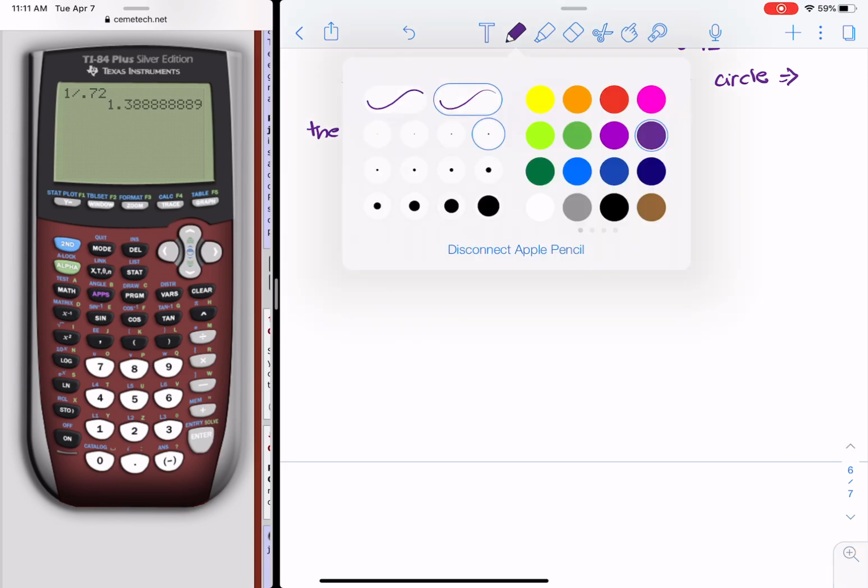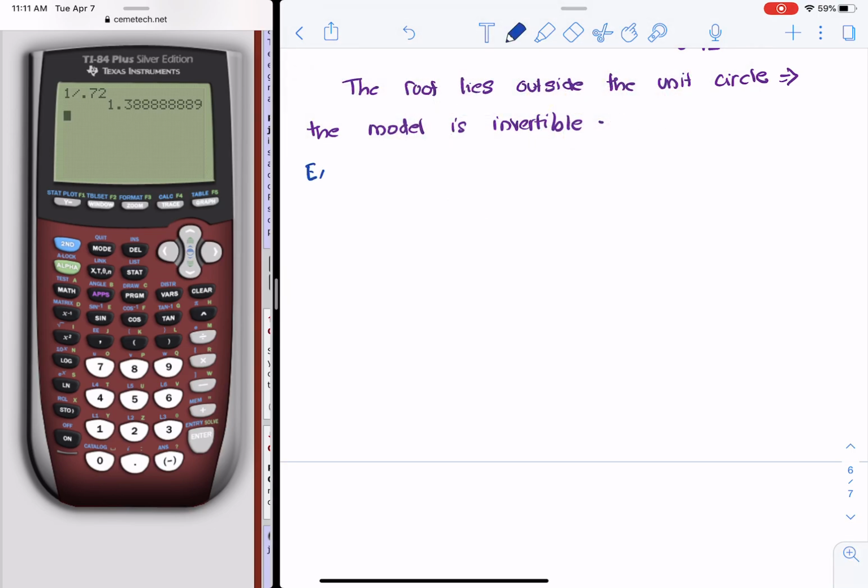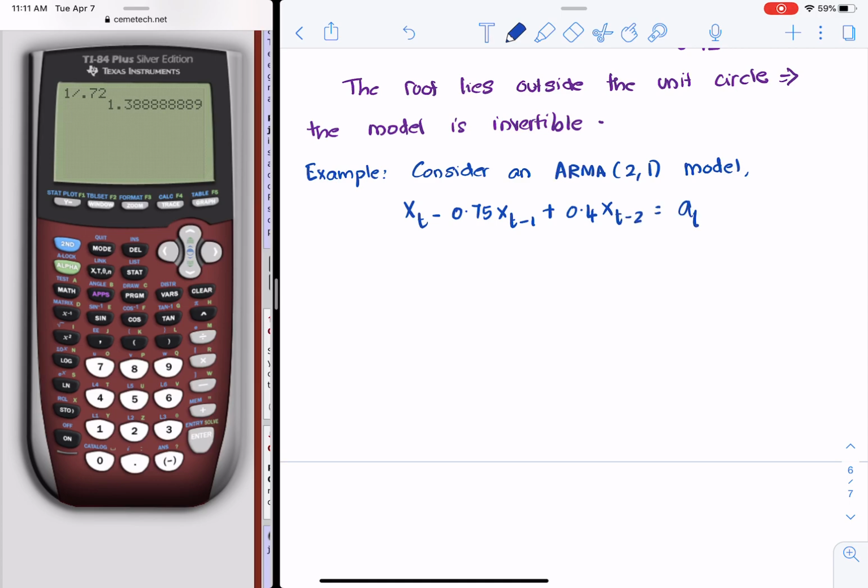Here is another example. Let us consider an ARMA model xt minus 0.75 xt minus 1 plus 0.4 xt minus 2 equals at minus 0.89 at minus 1.